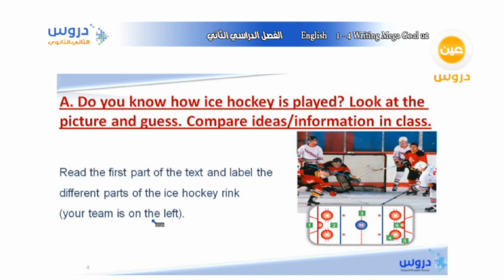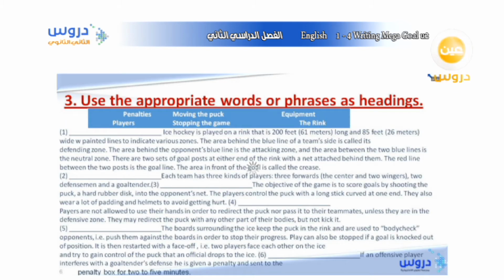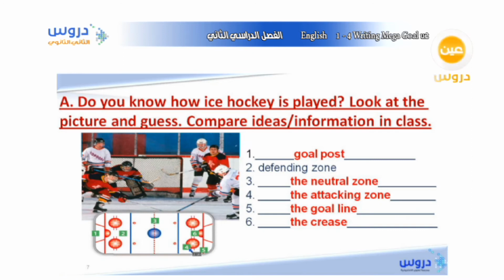Actually, your team is on the left here. Now, we are going to discuss this exercise later. Okay, so here we have the hockey game, and we have places that relate to your team.